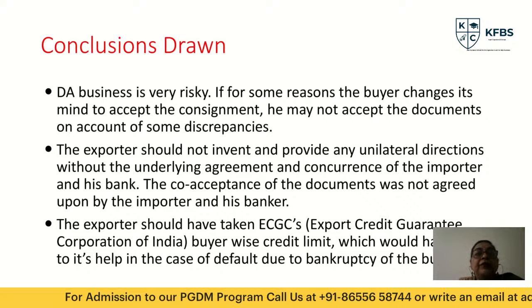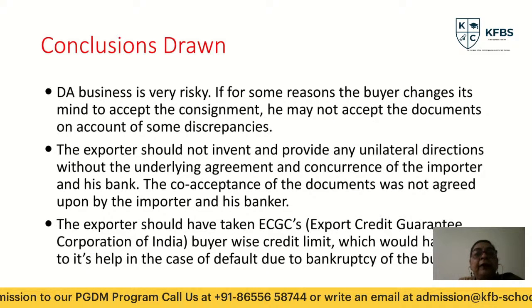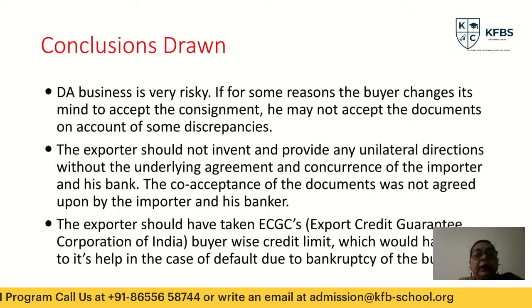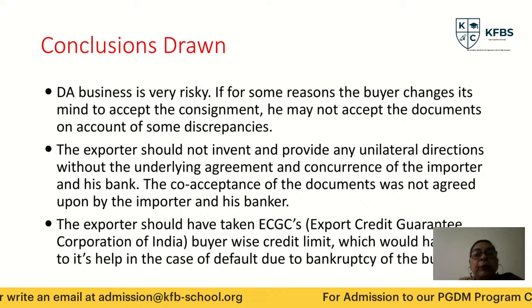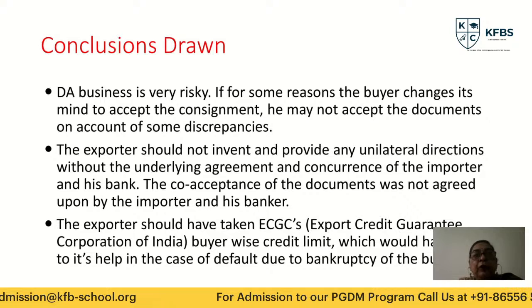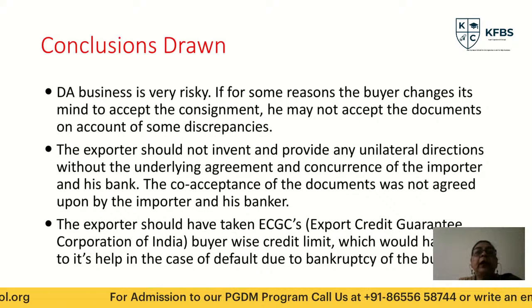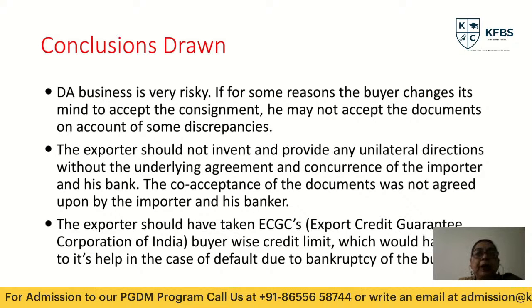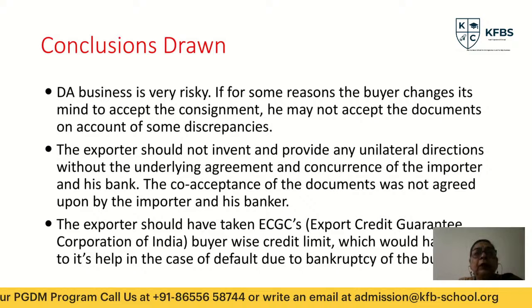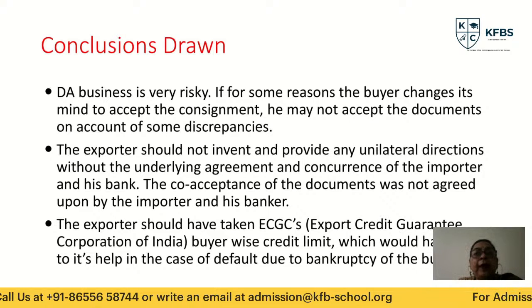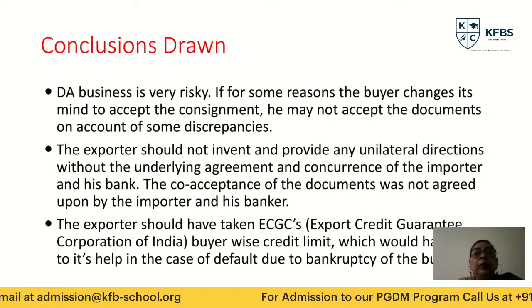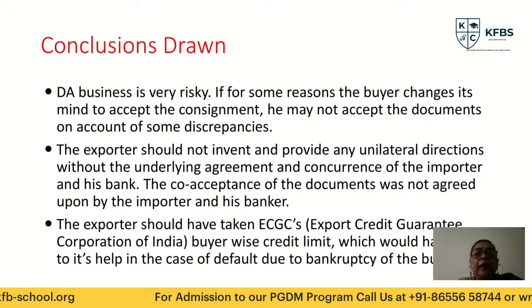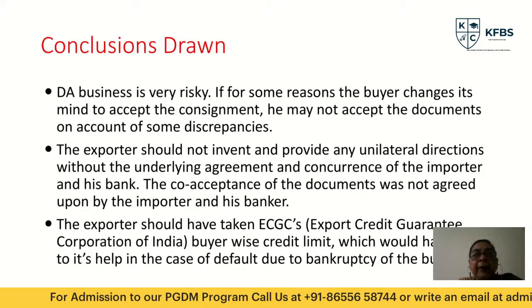When a party is new, when a buyer is new, it is safest to take the help of Export Credit Guarantee Corporation. Now, Export Credit Guarantee Corporation has branches all over the world in all major countries, and when a customer approaches ECGC, they try to find out the creditworthiness of a particular buyer.